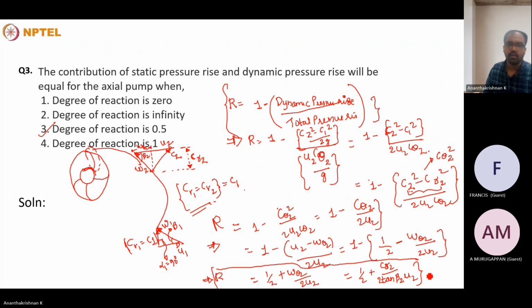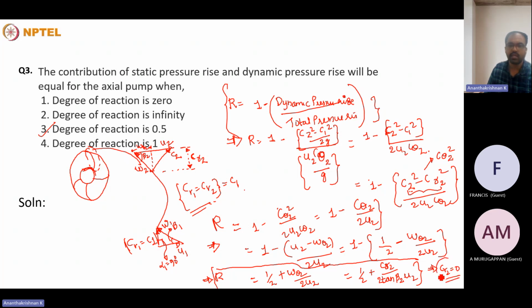So in the case when the degree of reaction is equal to half, what particularly happens is that the left hand side term and this term will cancel out and we'll get CR2 equal to 0. CR2, the flow velocity term at the outlet, will be equal to 0 when the degree of reaction is equal to 0.5.